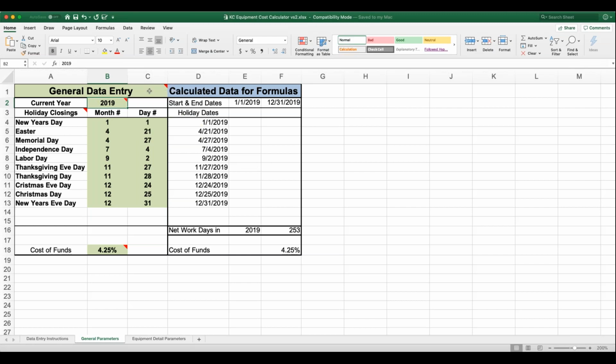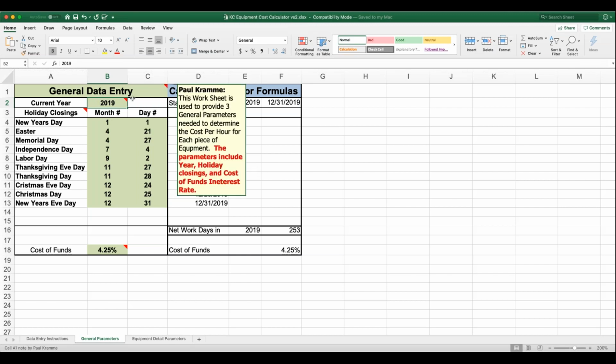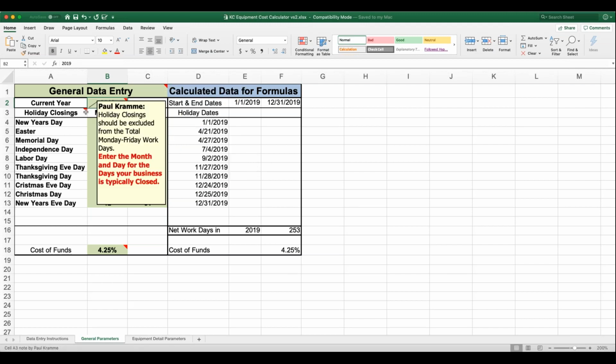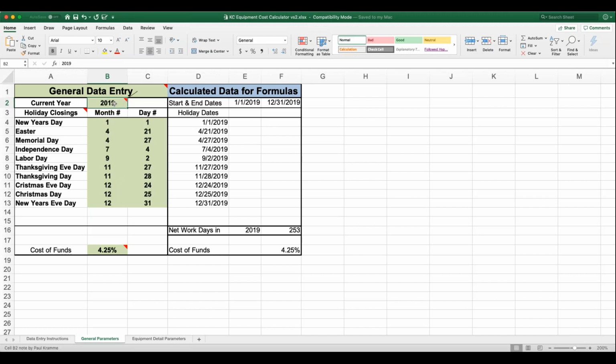A digression here. Whenever you see the little red diamond up here, look at them, because there's comments that I've provided, okay? So here it says just choose the year, 2019. The next is create a list of the days or the holidays that your business is closed.